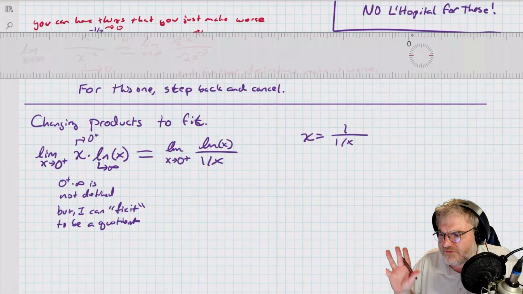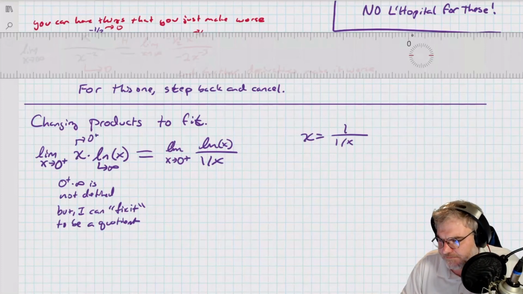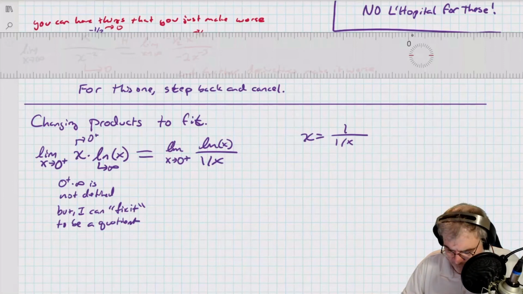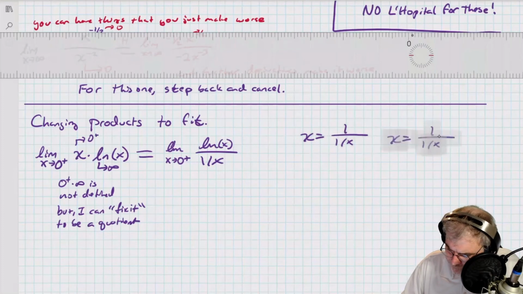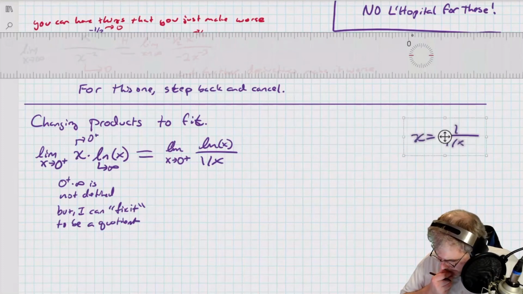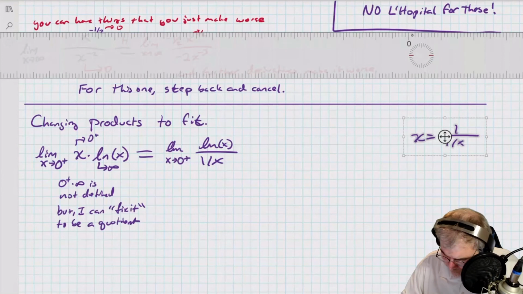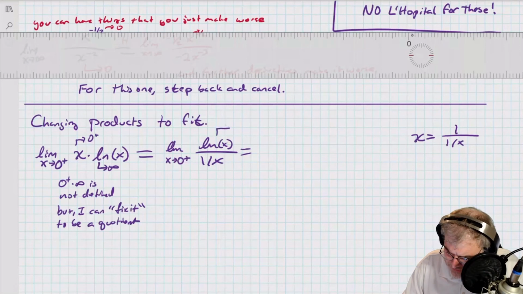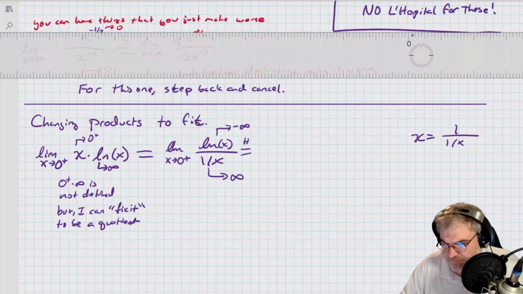How do we feel about what I just did? That's a little weird. And what I wind up with here is something where this bit goes to negative infinity, this bit goes to positive infinity. I've got a L'Hopital's rule situation.